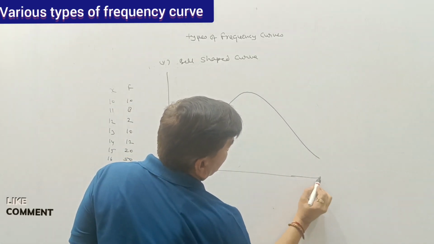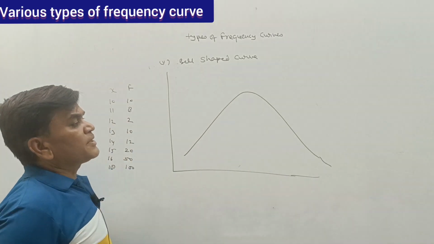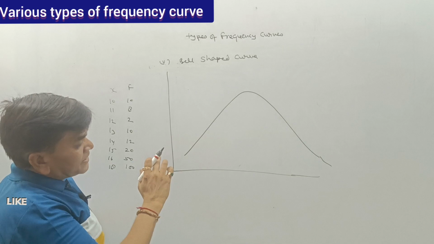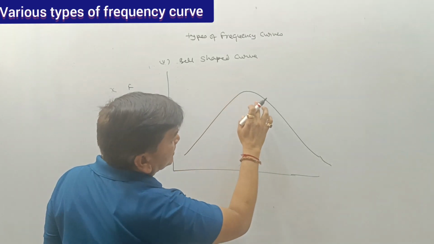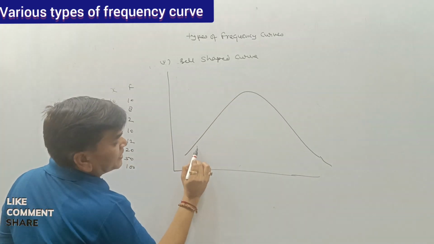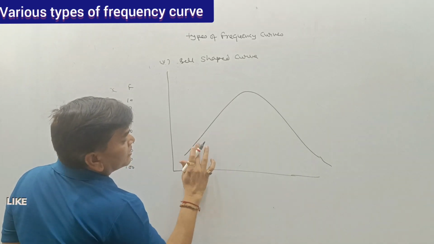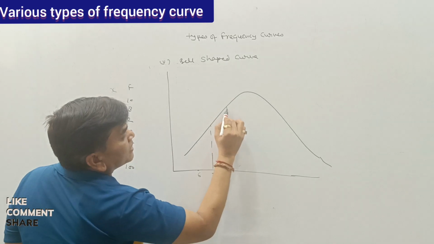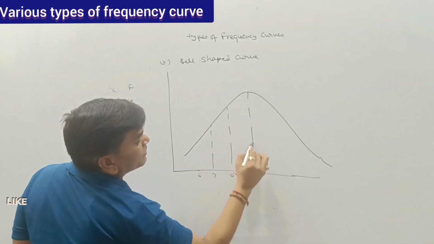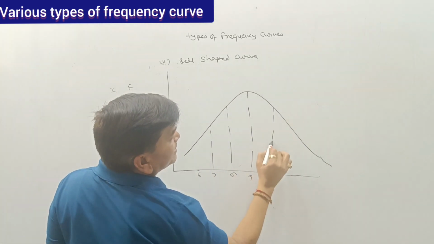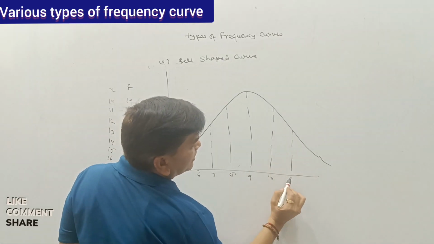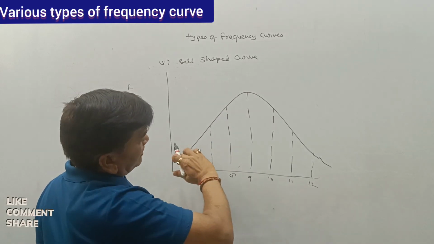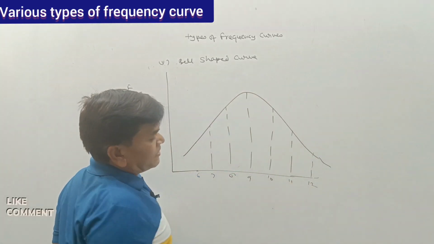For example, size of collar, size of foot: generally this increases and after this decreases. Suppose 6 number shoes, 7 number, 8 number, maximum 9 number, then it decreases: 10 number shoes, 11 number, 12 number. So the size of footprint follows a bell-shaped curve.